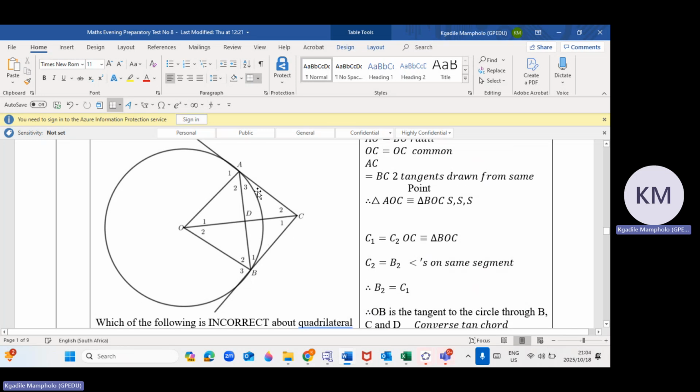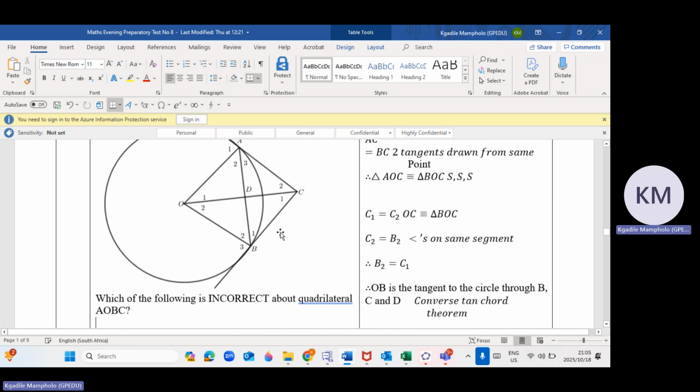Now, we have proven that this is a cyclic quad. If it's a cyclic quad, this A2 will be equals to C2. But from congruency, C2 equals to C1. Remember, if the two triangles are congruent, angles opposite to equal sides are also equal. AO equals to OB. AO is opposite to C2, OB is opposite to C1. Therefore, C1 and C2 are equal from congruency. If they are equal, then therefore B2 is equals to C1.